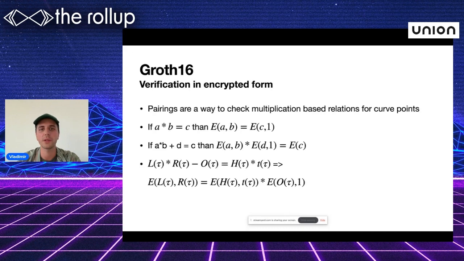But what we have is so-called pairings. It's a very complicated topic in itself. The intuition behind it is that it's basically like a multiplication between encrypted values, where you can multiply just 2 values and no more. You can't have multiple variables multiplied at one time.